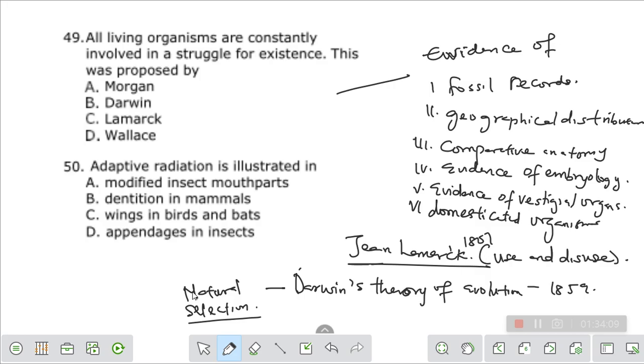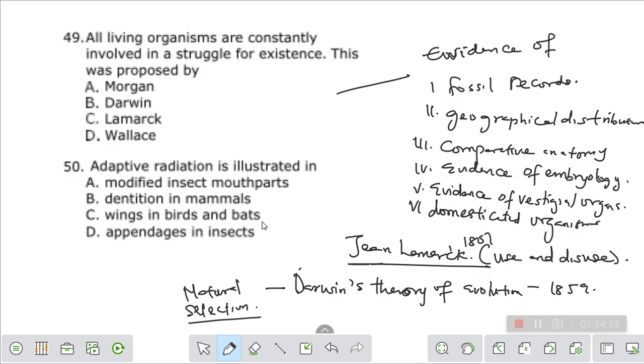So Darwin's theory is actually accepted. But that of Jean Lamarck, though they accepted some, not everything. So I think with this, I'm done with organic evolution. So what's the answer? They now say struggle for existence. I told you that Darwin talked about a struggle for existence. He said there are limited resources, so there will be a struggle for existence.